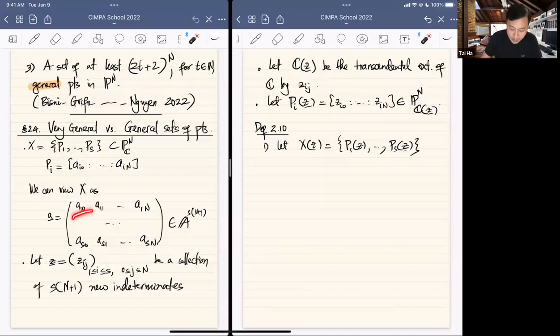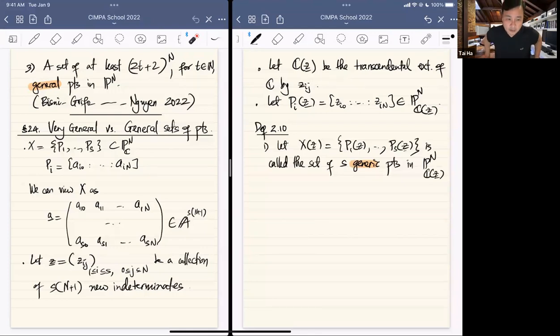So it doesn't matter what Aij I start with, the Z are always fixed. So going from X to X(Z), it doesn't matter what X I have, there's only one unique X(Z). So this is the one set, right? So I call this the set of S generic points. Right, so this is generic, not general. Generic, and of course, it's sitting inside my, again, n-dimensional projective space over the field extension.